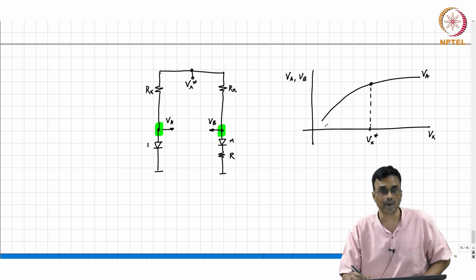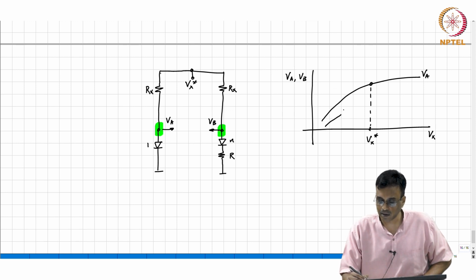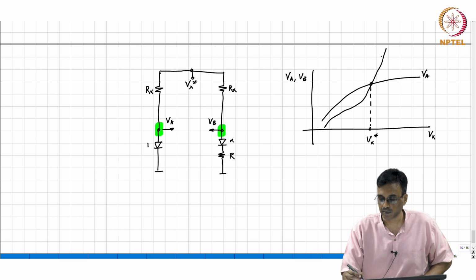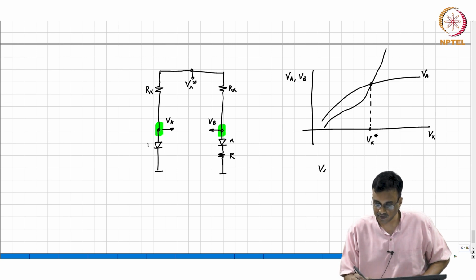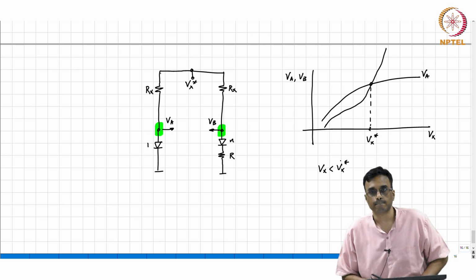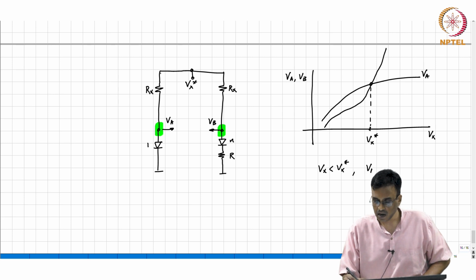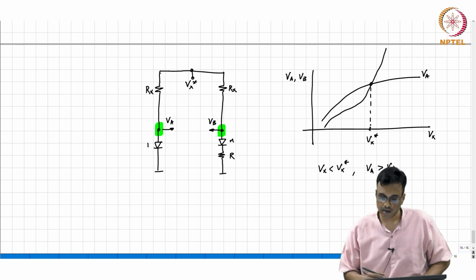And as Vx keeps increasing, what will happen? Then it's logarithmic, then it will do something like this. Okay. So for Vx less than Vx star, Va is greater than Vb.